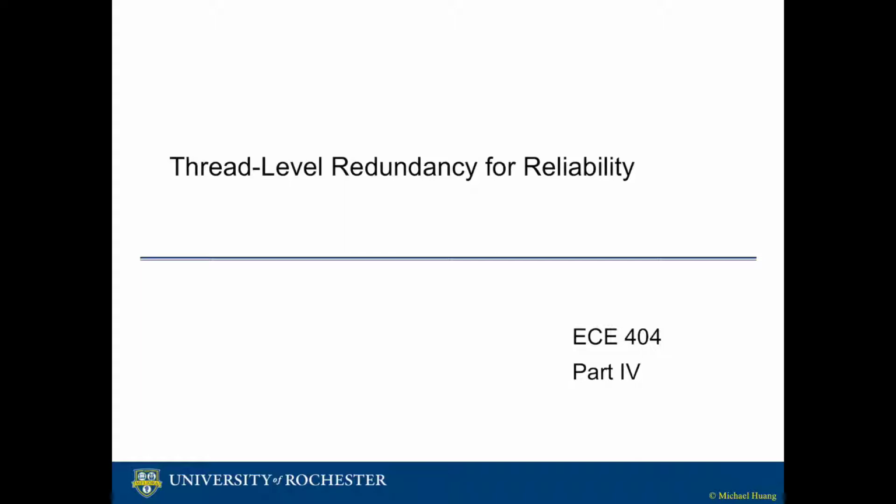So we'll see how multiprocessors can actually relatively easily provide that redundancy in the form of thread-level redundancy, but it has to be done in the right way, and what one of the right ways could be.